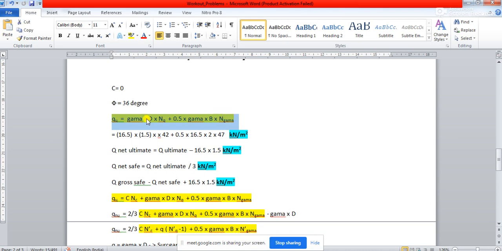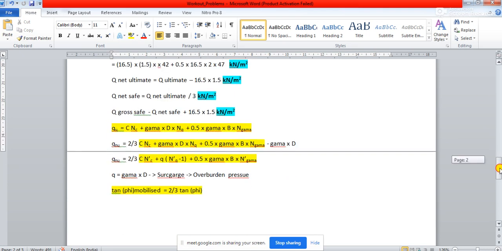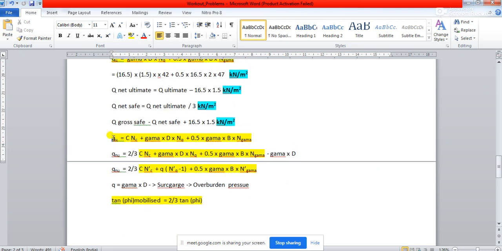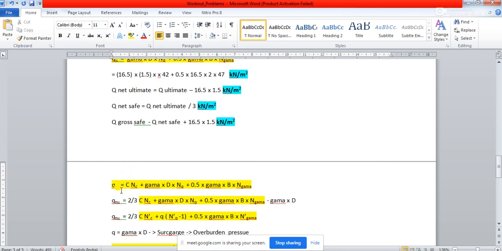Terzaghi's bearing capacity formula is qu = cNc + gamma D Nq + 0.5 gamma B N gamma. This is Terzaghi's bearing capacity formula, right?